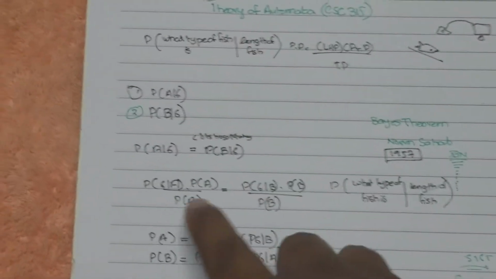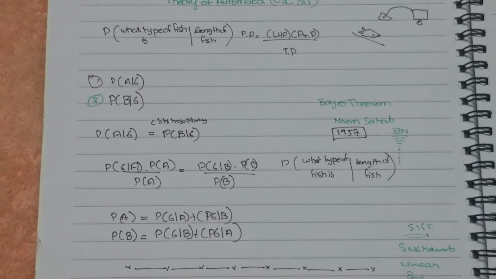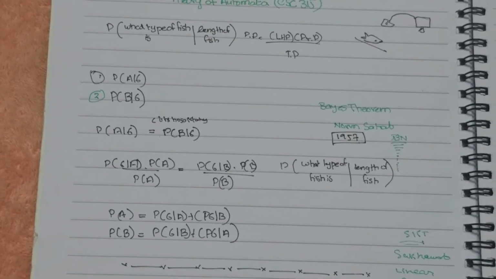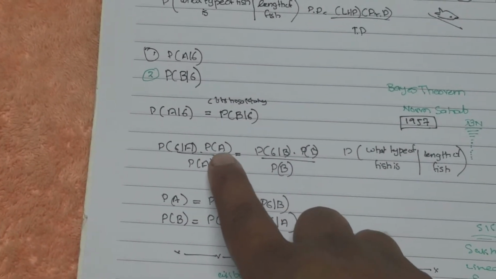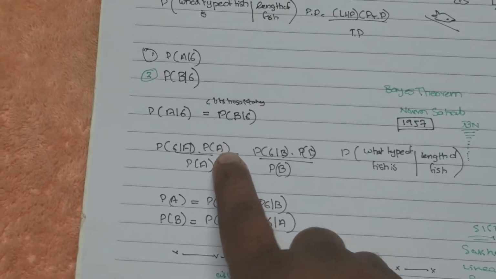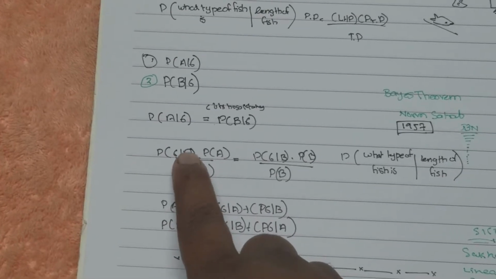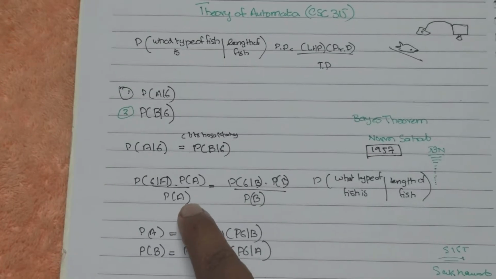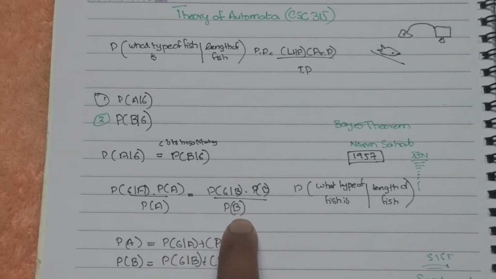If you want to take out the probability of what type of fish it is and length of fish, we know that both fishes are of 6 centimeters, so the probability of A into 6 centimeter fishes, type A fishes that are 6 centimeters, over probability of A, and this whole thing can be cancelled out just because they're the same.